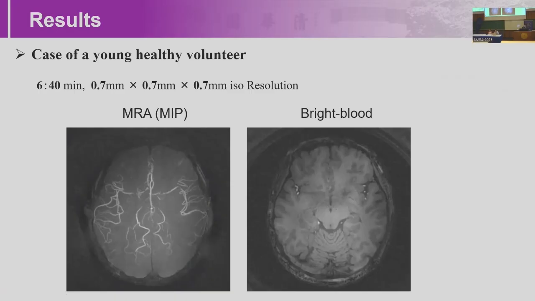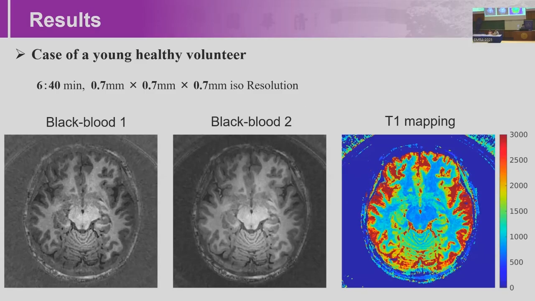The scan time of GOLDSNAP is 6 minutes 40 seconds, while achieving 0.7 millimeters isotropic resolution. This slide shows the MRA imaging and the bright blood imaging. This slide shows the two different black blood contrasts and the final result of T1 mapping.